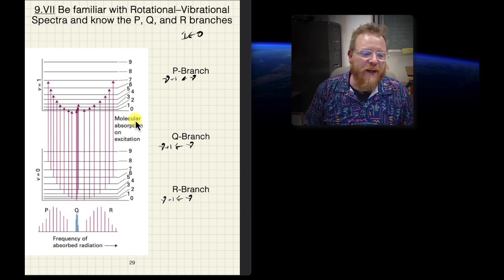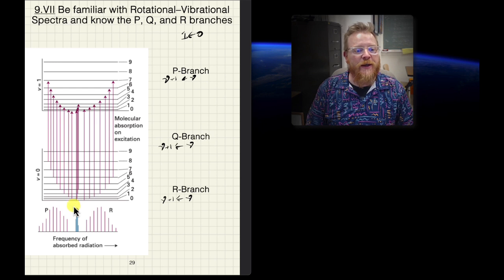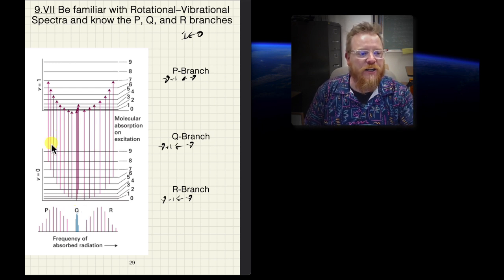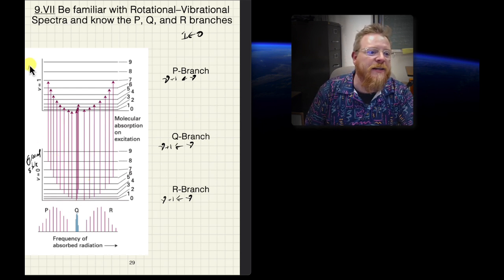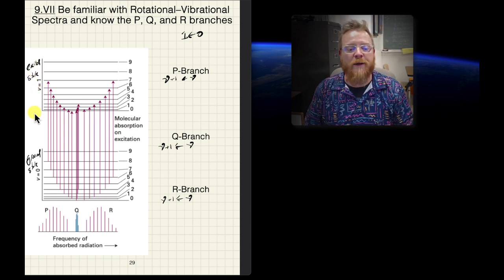So now if we look at the P branch here and we zoom into this, the P branch is on the left side of this document. Here, this is all the ground vibrational state. So we'll say that's my ground state and all of the various rotation levels within the ground state. And here is my first vibrational excited state corresponding to nu equals 1.